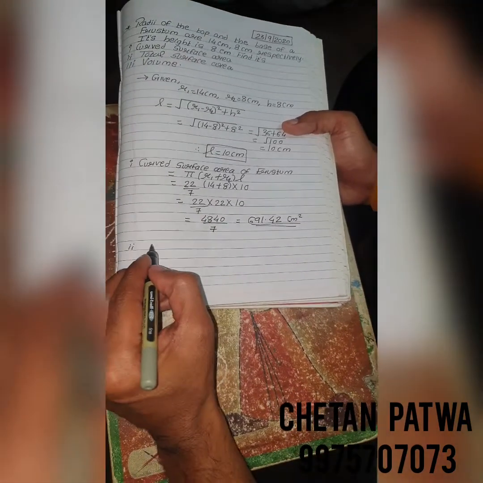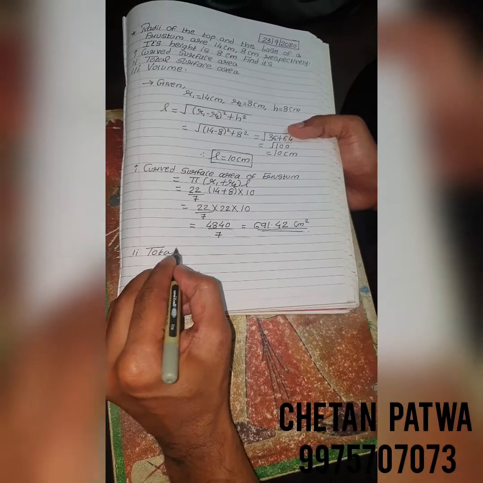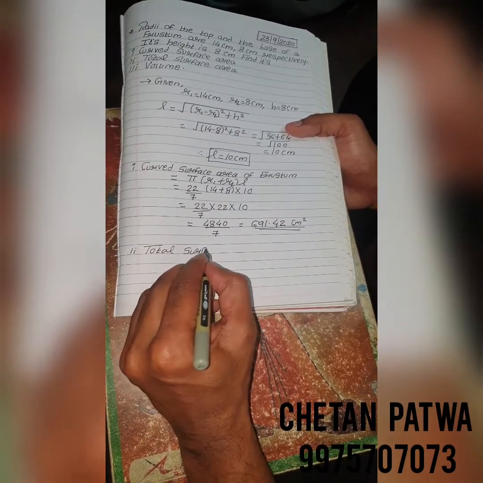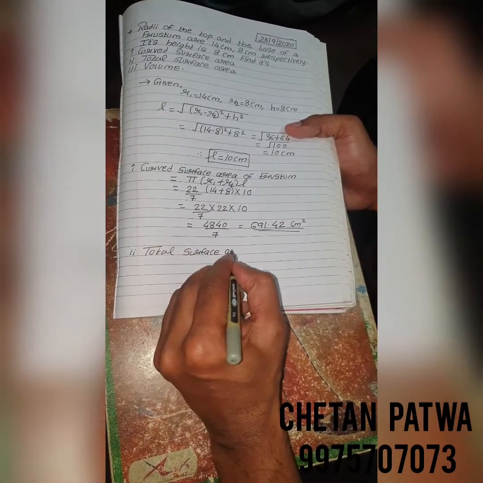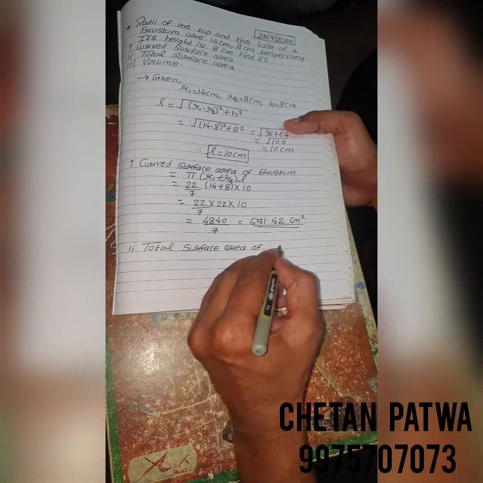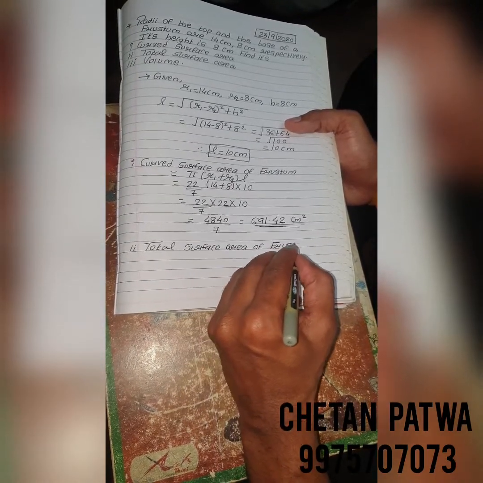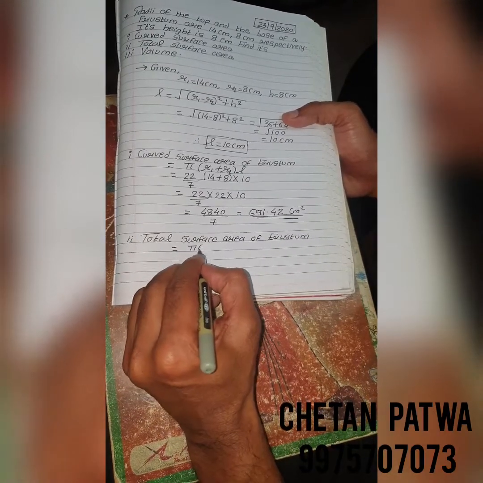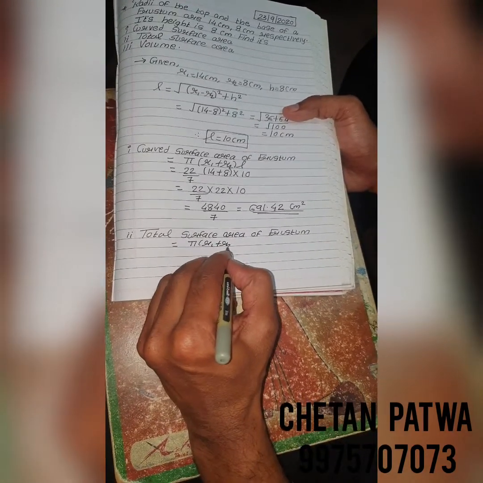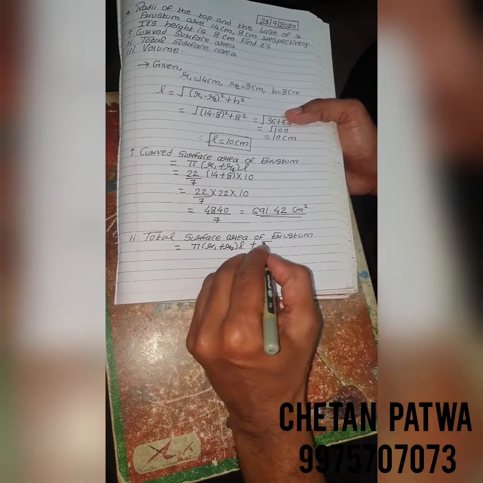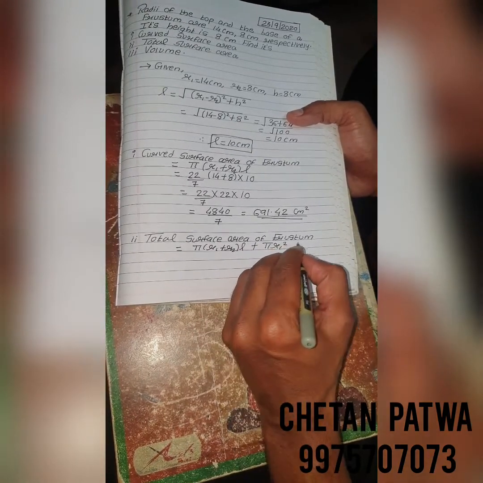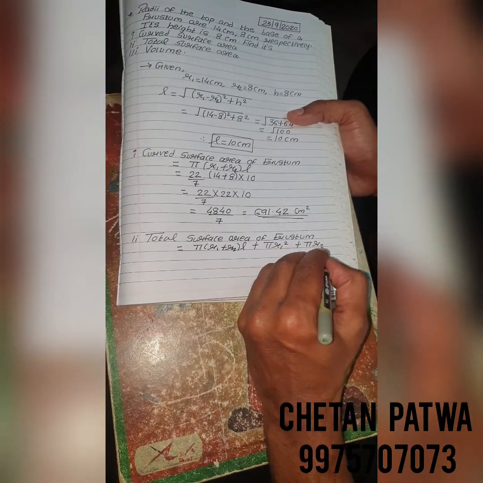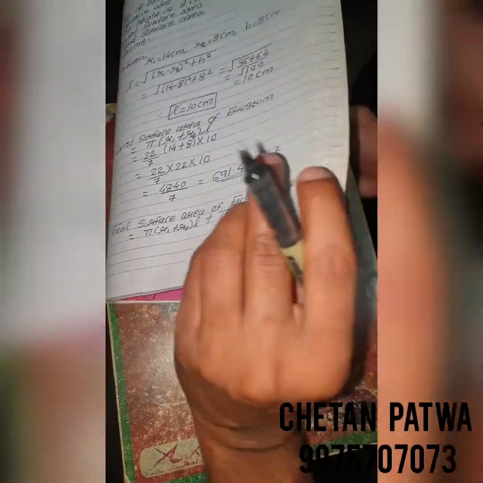Number 2. Now let's see how to find out total surface area of frustum. That is equal to pi (r1 plus r2) l plus pi r1 square plus pi r2 square.